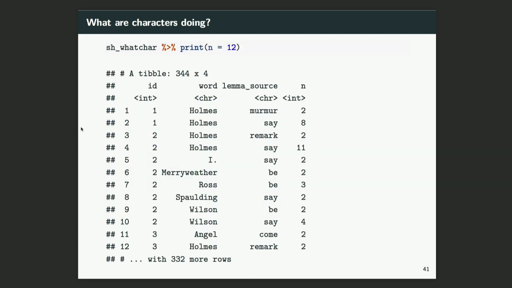And here, I'm just counting them and finding pairs that occurred more than once. So Holmes in the first novel likes to murmur, he likes to say things. In the second book, he likes to remark and say things. Some of the other characters are just connected to the verbs to be, to say, to come, to remark.